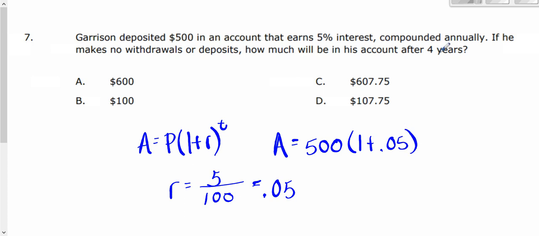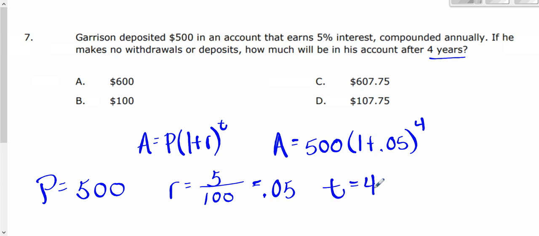And my time in years is 4. So my principal was 500, my rate was 0.05, and my time was 4. Okay, we get an approximate amount of $607.75.